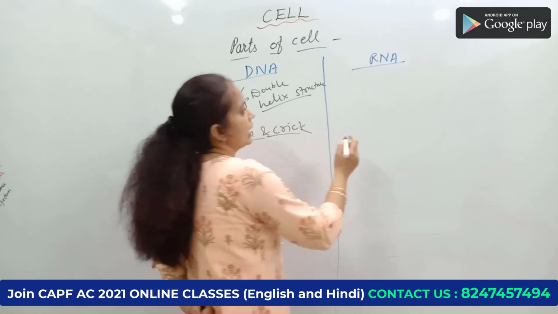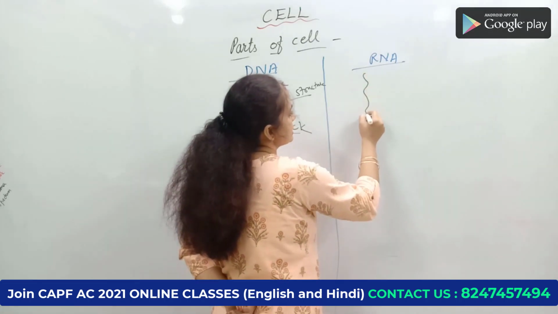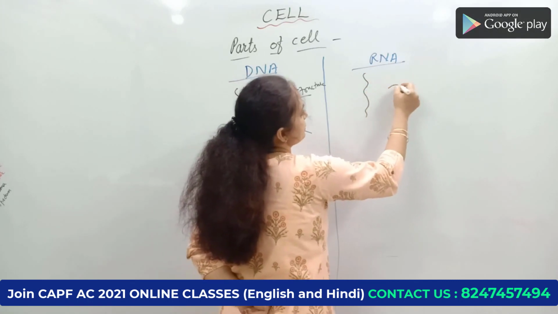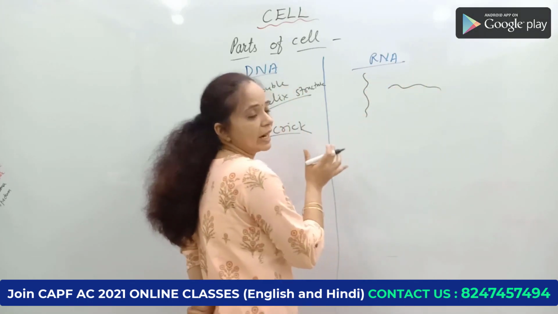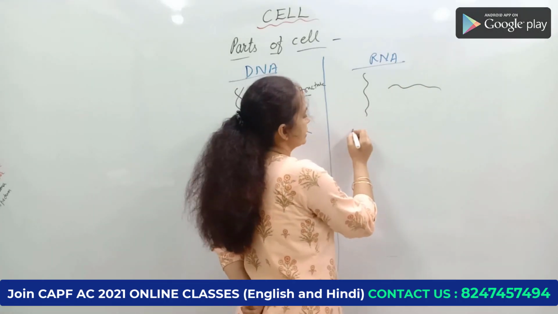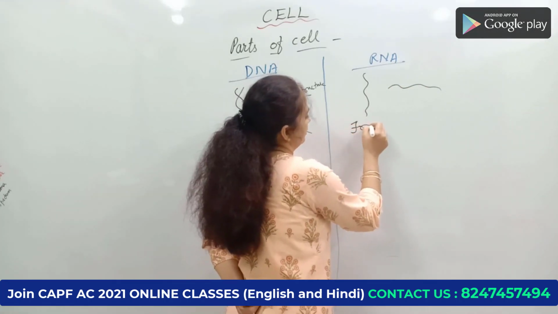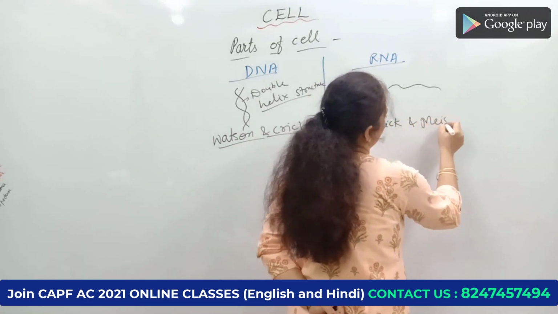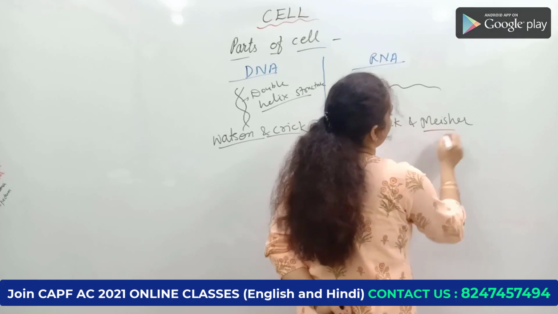Then what about RNA? RNA is a single helix. You can draw it this way or this way. It's a single strand, single helix structure. This model of RNA is given by Frederick and Michel.